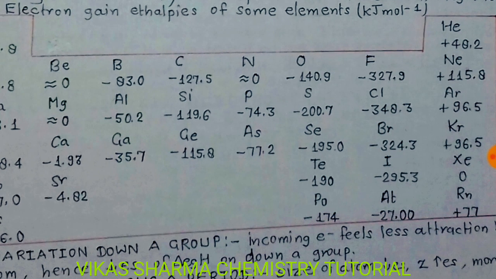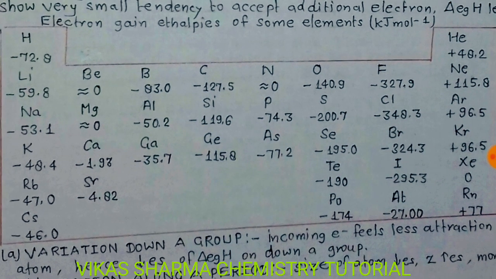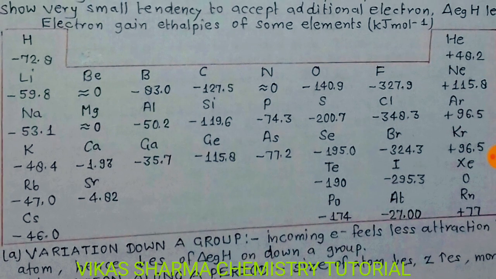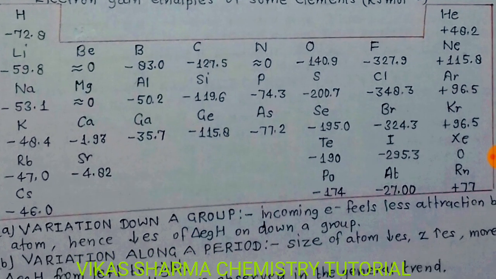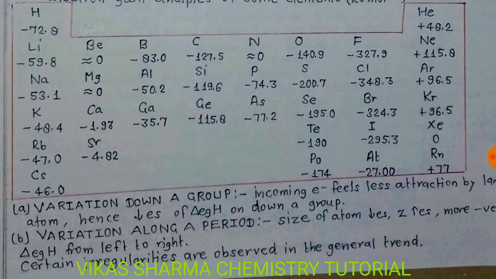Argon has no tendency to accept an electron; it shows a positive delta EGH. Sodium has a negative value, meaning energy is also released, but chlorine has a higher delta EGH. So chlorine accepts an electron more easily in comparison to sodium.